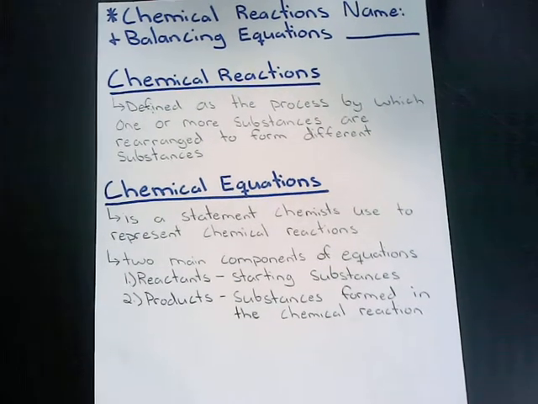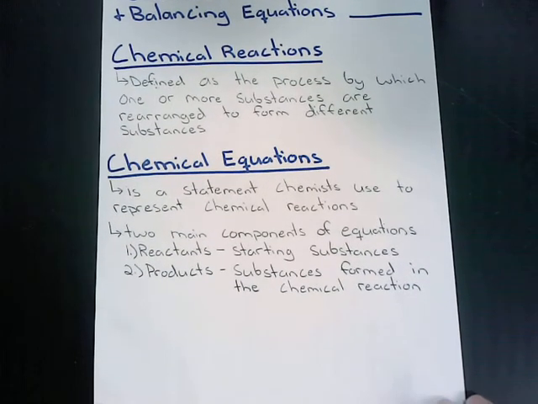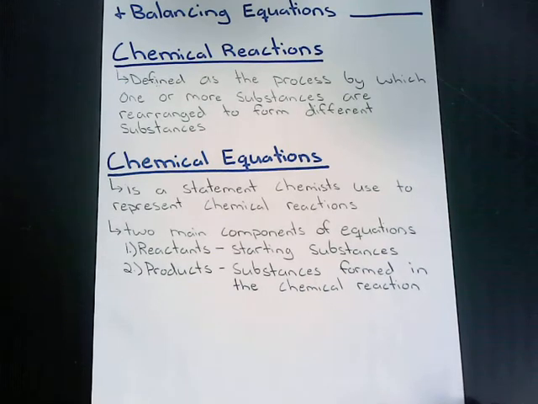Another main component found in a chemical equation is an arrow, and an arrow represents the term yield, and it also shows the progression of a chemical reaction actually happening.